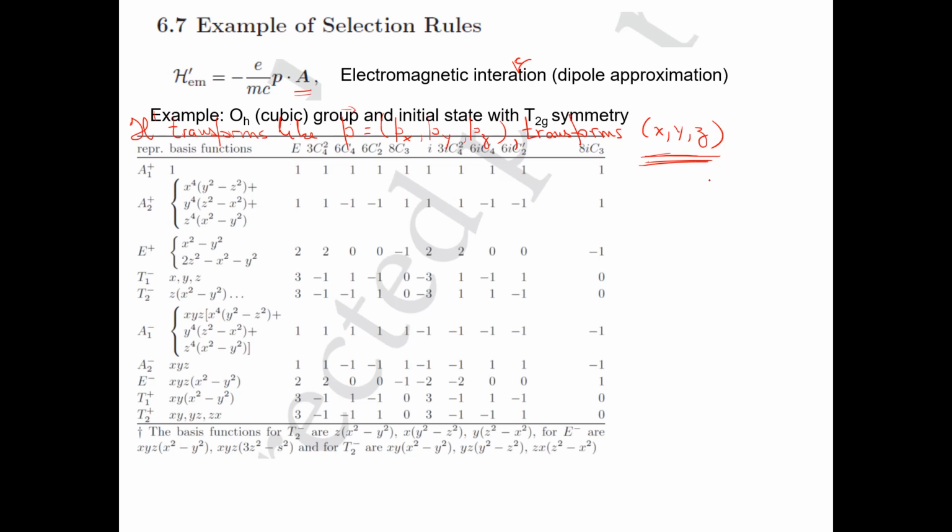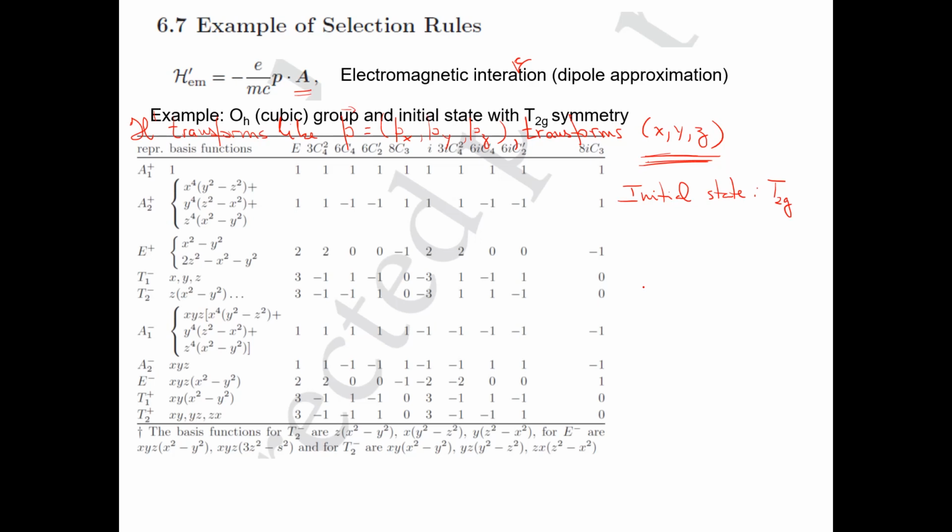Let's take the case in which the initial state has T2G symmetry. And let's see what would be the possible final states that will couple to this initial state under the action of the electromagnetic field.